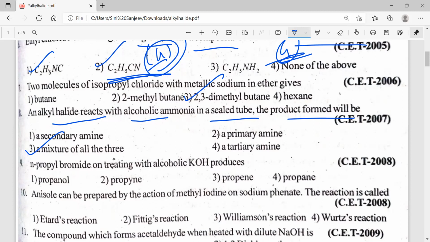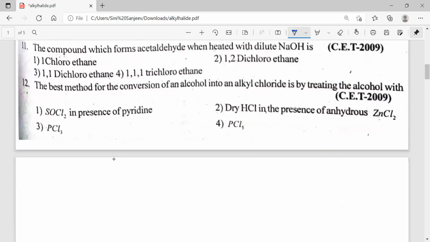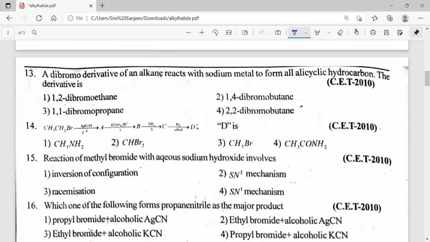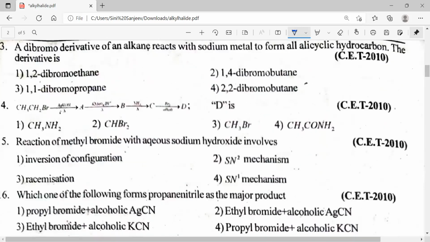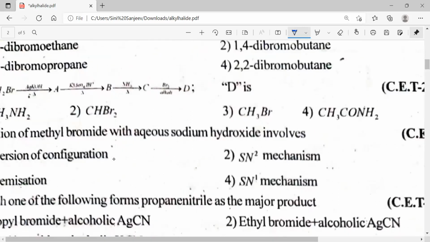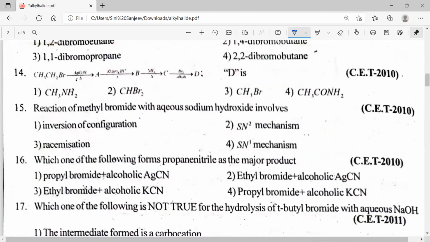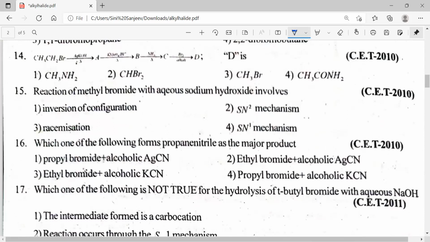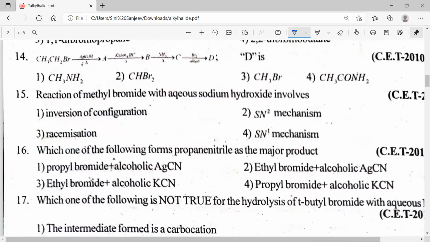Now let me see whether any SN1 or SN2 mechanism is here. Let's go to that. 15th question. Reaction of methyl bromide with aqueous sodium hydroxide involves which one?